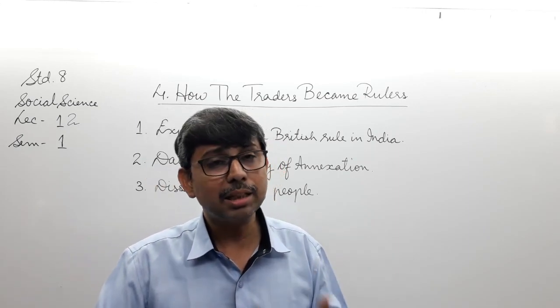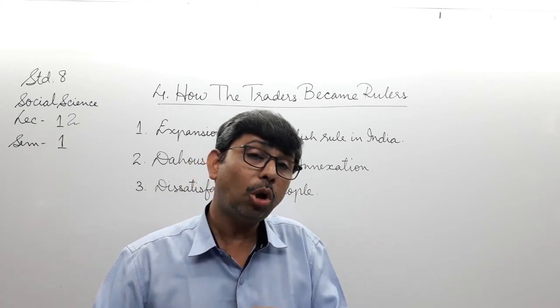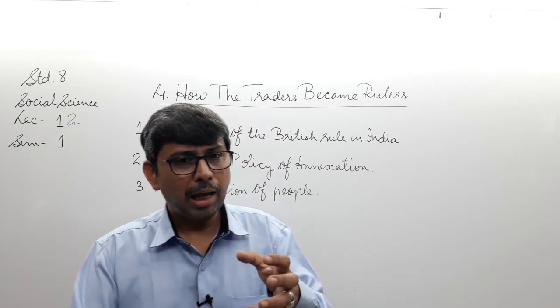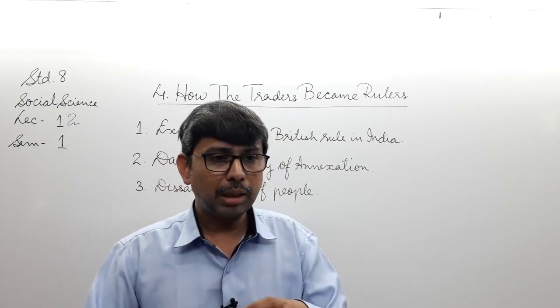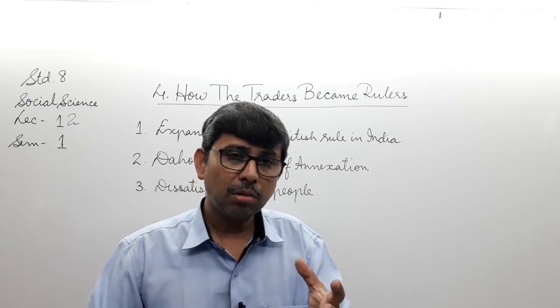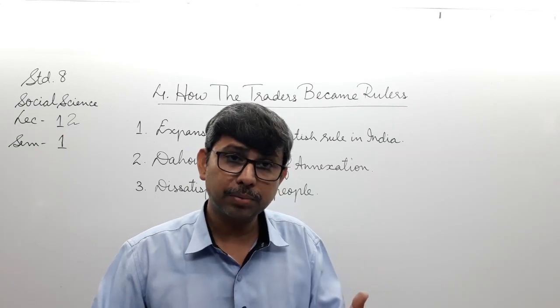Well, what is this dissatisfaction? Why were they dissatisfied? Naturally, people would be dissatisfied because they did not want the British rule. At that time, as we already understood, India was not governed by any parliamentary body or government. We did not have any democratic system over here, isn't it?